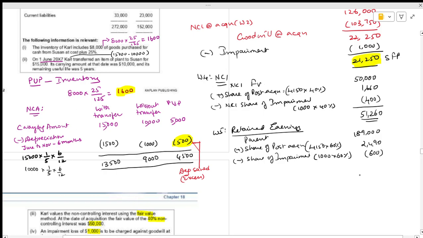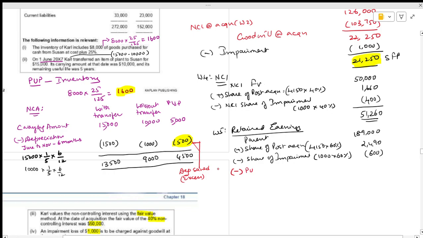This is the loss actually. If we had sold to another party, he would have got 5,000 profit. But he is selling to the subsidiary and it is reverting back, so the profit margin will decrease. This profit margin should be deducted from the retained earnings.